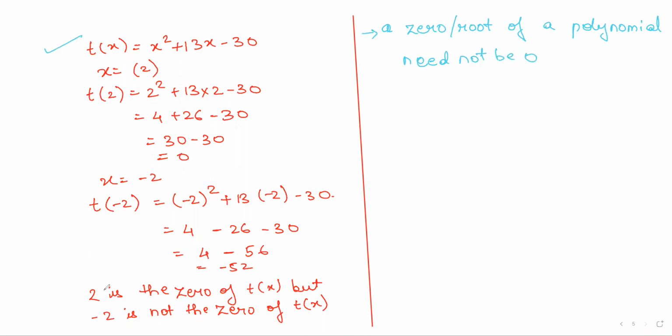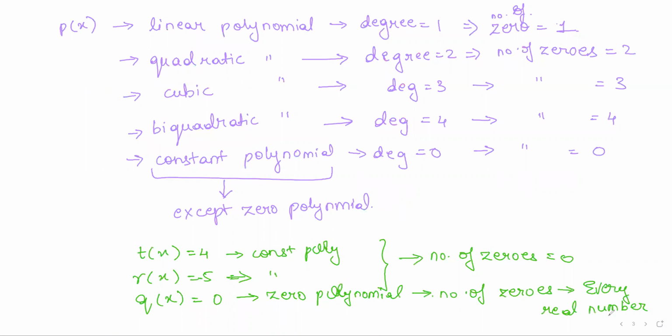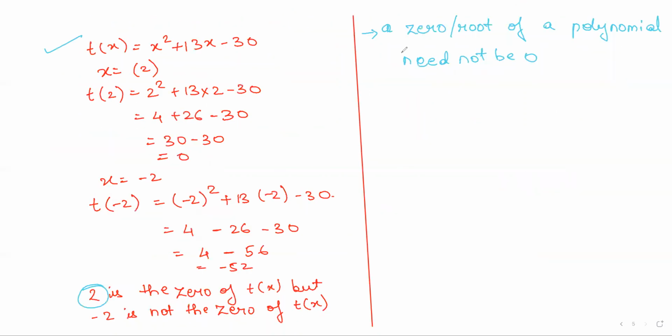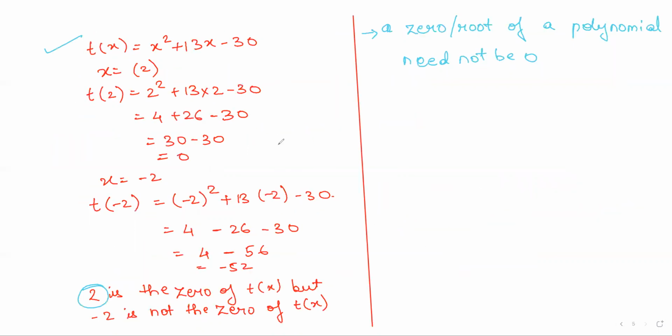In this example, 2 is the root, which is a non-zero value of the polynomial. Here, 0 is the root of the polynomial, which is a 0 value. So you may have 0 as the root of the polynomial, as in this case, or you may not have it, as in the other examples.